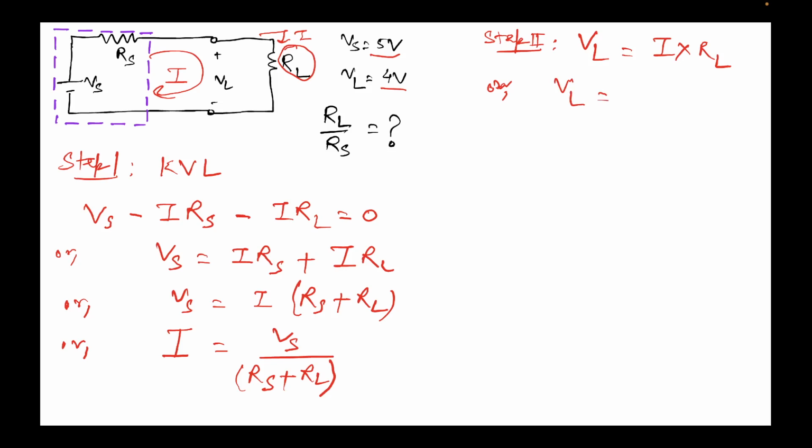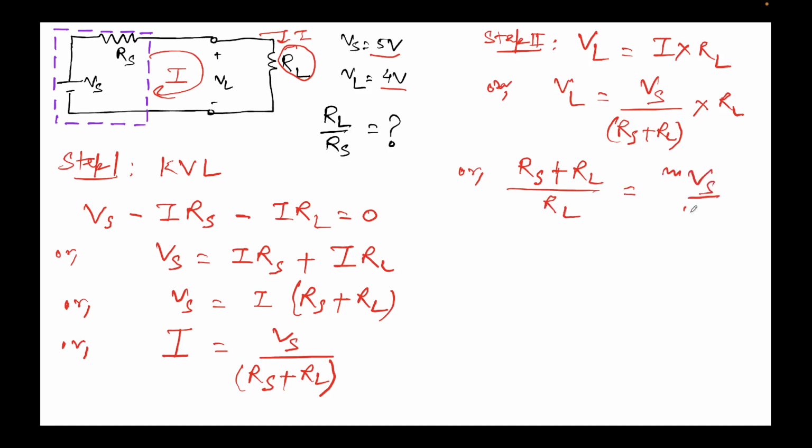So we'll write VL equal to Vs over (Rs plus RL) multiplied by RL. Taking all the resistance terms to the left hand side, I can write (Rs plus RL) over RL equal to Vs over VL.